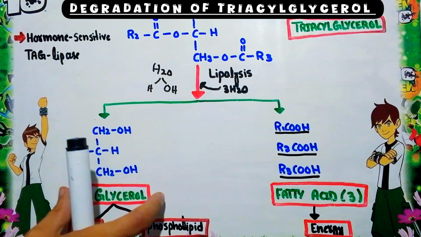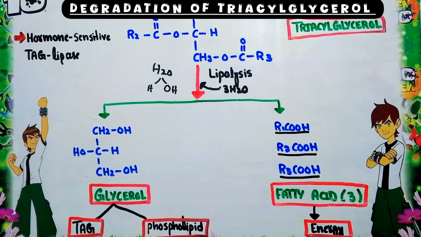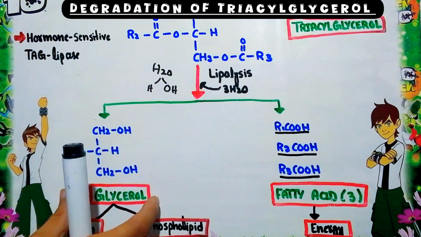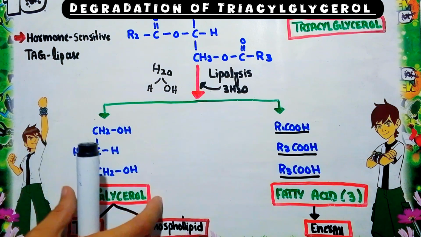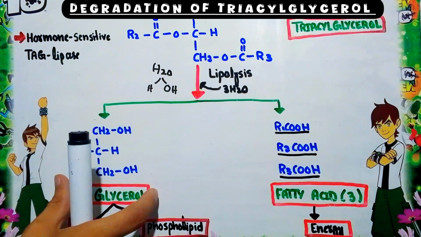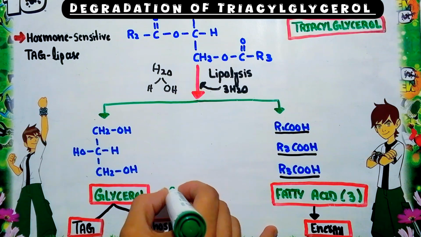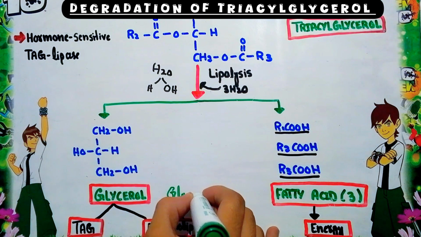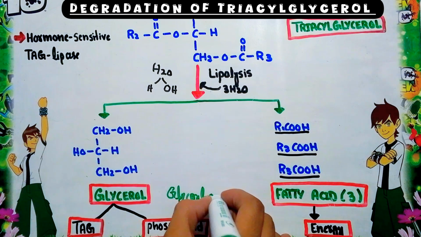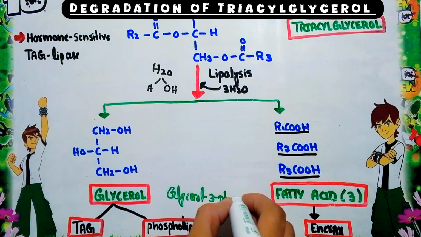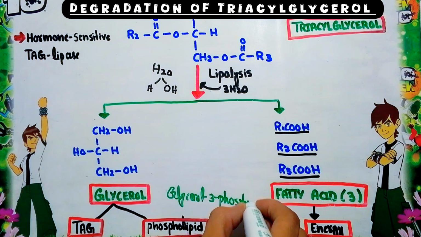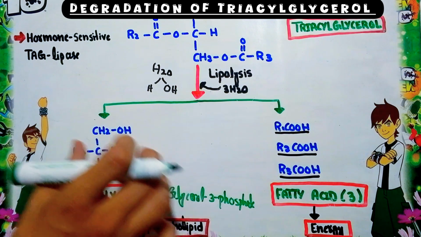So this glycerol is transported to the liver, where the glycerol kinase enzyme acts on it. As a result of the action of glycerol kinase, as we discussed in the synthesis of triacylglycerol, it finally forms glycerol 3 phosphate. This glycerol 3 phosphate is used in the synthesis of triacylglycerol, or it may be used in the synthesis of phosphorylated lipids. So this is overall the fate of the glycerol.